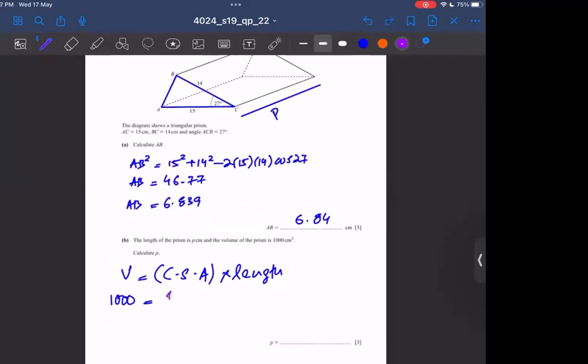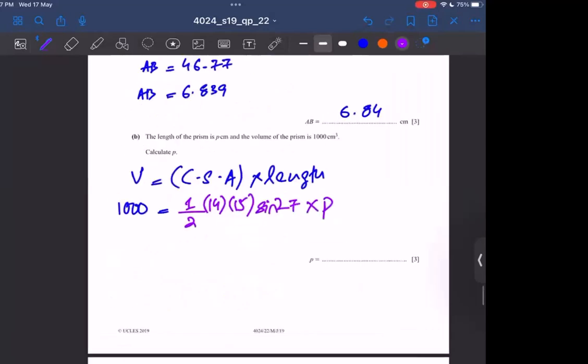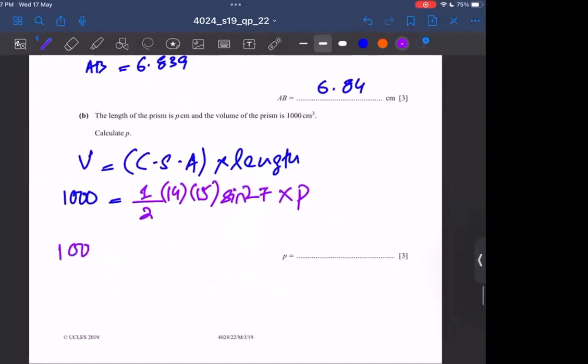Half product of two sides, 14 into 15 sine 27. Length is P over here. Now I'm going to solve this. 1000 multiplied by 2 divided by 14 into 15 into sine 27.